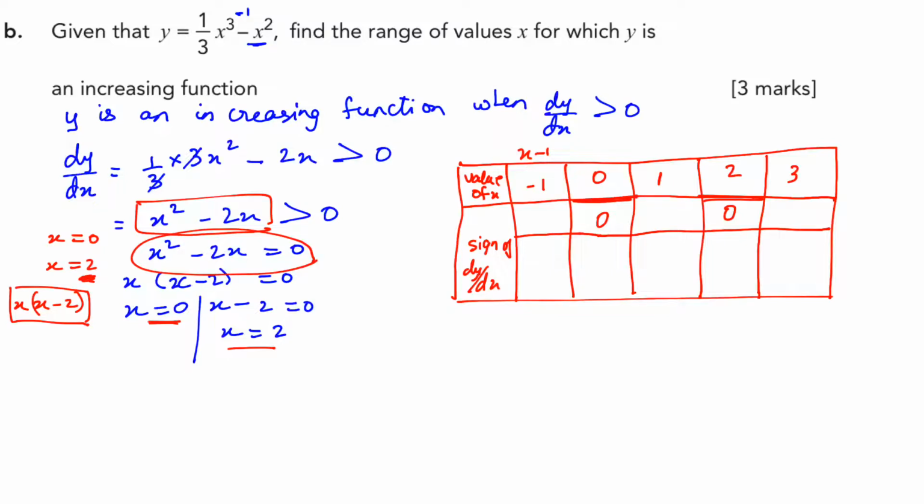When you substitute negative 1 here in place of x, negative 1 squared minus 2 times negative 1, you will get a positive answer. We don't need to know the number. So we'll just write here the plus sign. When you substitute 1, you are going to get negative. So write the negative here.